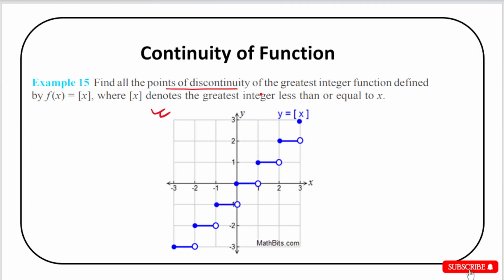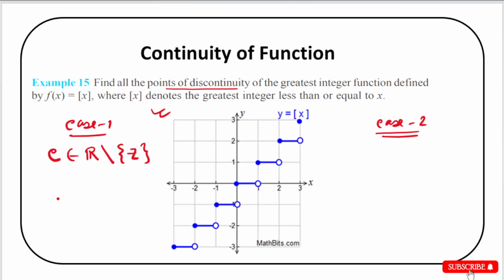How will you do that? You have to consider two cases here, case 1, case 2. In case 1, you will take the values of c which are real numbers except the integer values.